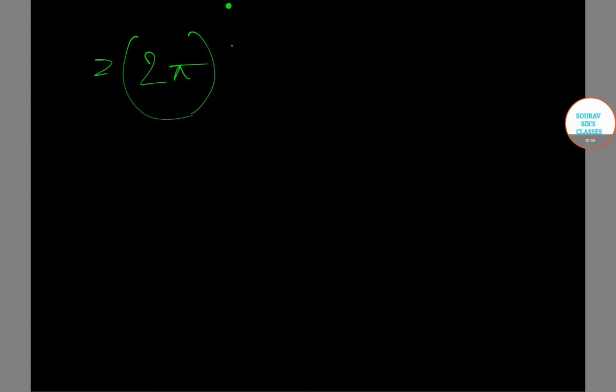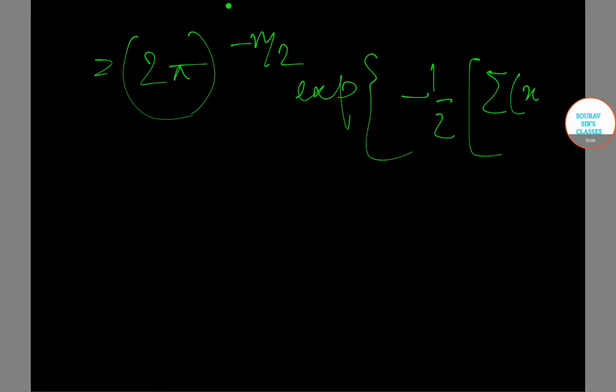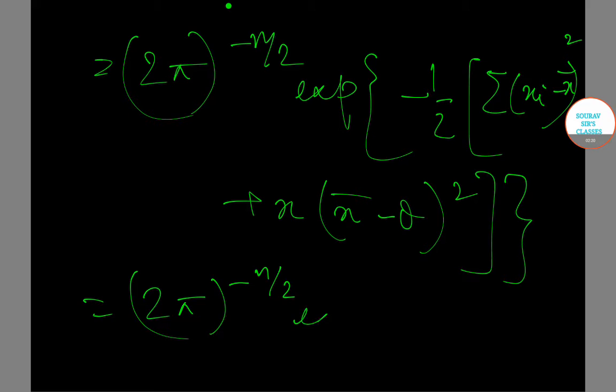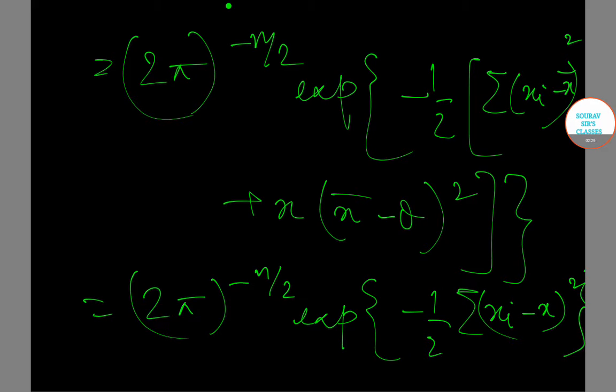2 pi to the power minus n by 2 exponential of minus half multiplied by summation of xi minus x bar square plus n into x bar minus theta whole square, that equals 2 pi whole to the power minus n by 2 exponential of minus half summation of xi minus x bar square, multiplied by exponential of minus n by 2 x bar minus theta whole square.